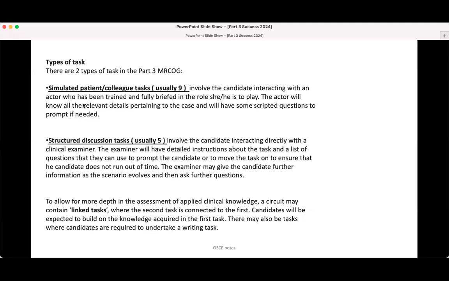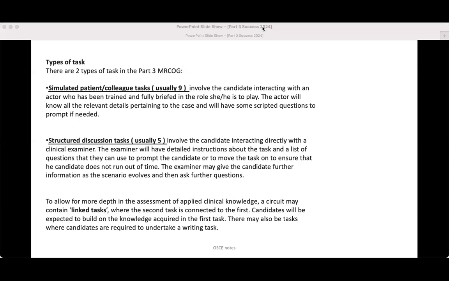The simulated patient task is the majority of the exam, and you will have at least 9 tasks. So you will have 9 to 10 tasks as simulated patient or a simulated colleague. And you will have the setting like this.